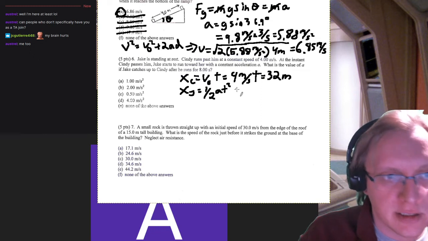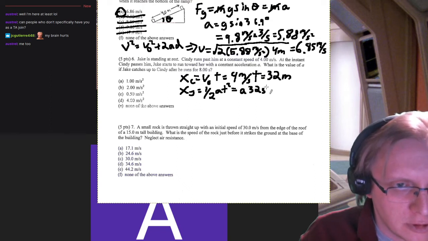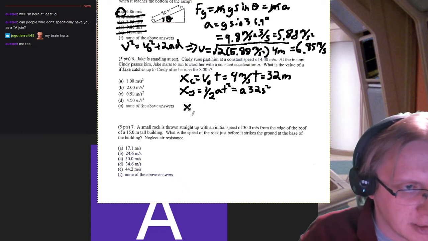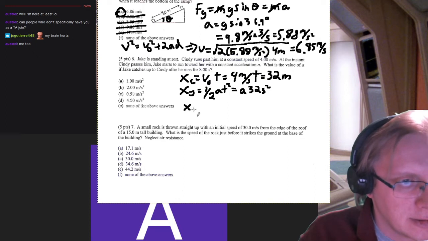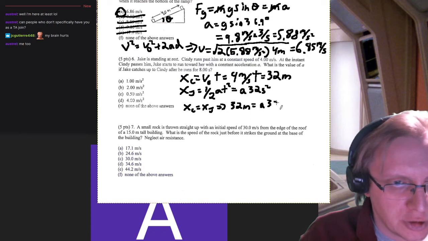So 8 squared is 64, divided by 2 is 32. So this is equal to A times 32 square seconds. And these have to be equal to each other because it's asking about when they pass each other, right? So xc is equal to xj. Therefore, 32 meters is equal to A times 32 square seconds.